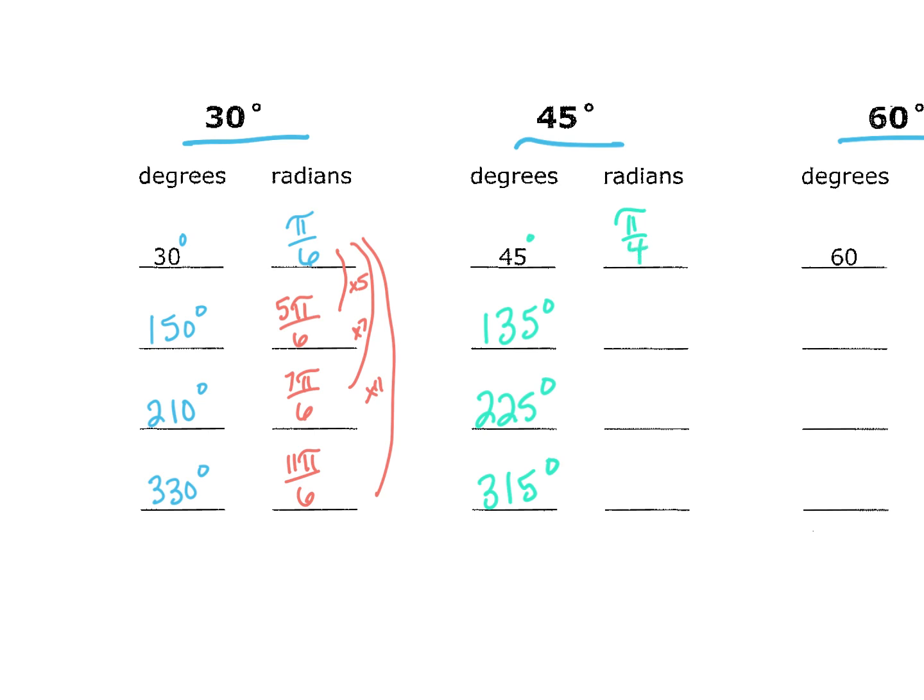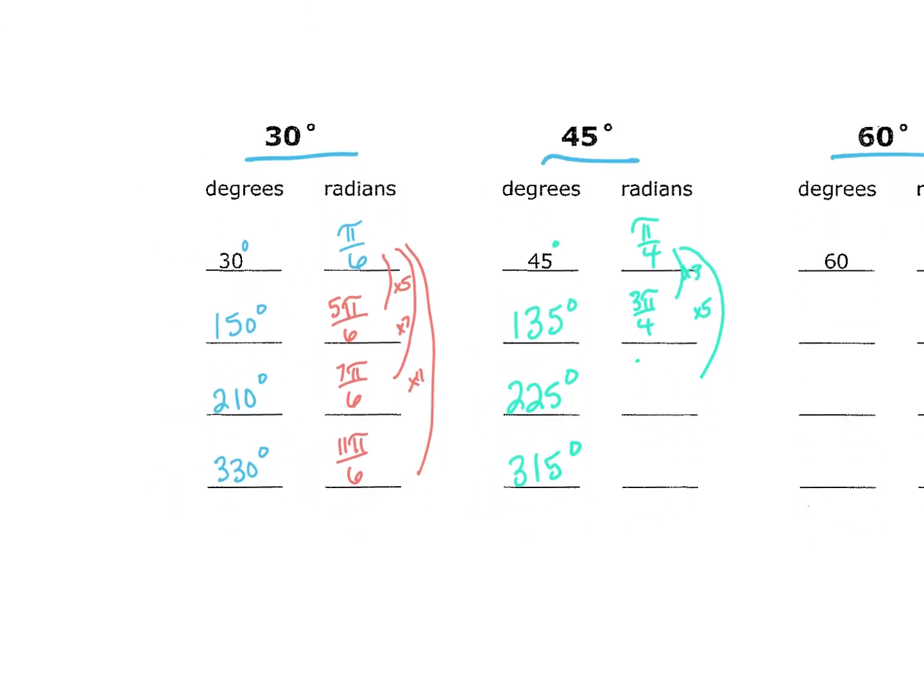And if we take 45 and multiply by 3, that gives us 135 degrees. If we multiply by 5, that gives us 5 pi over 4. And if we multiply 45 times 7, that gives us 7 pi over 4. So there are our 45-degree angles. Those are the ones that are right along the diagonal that make the true X.